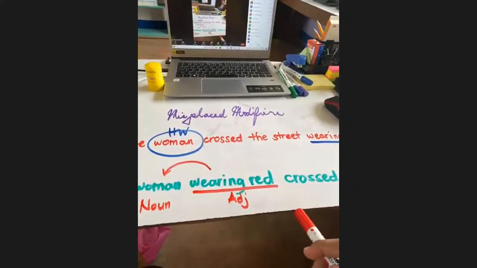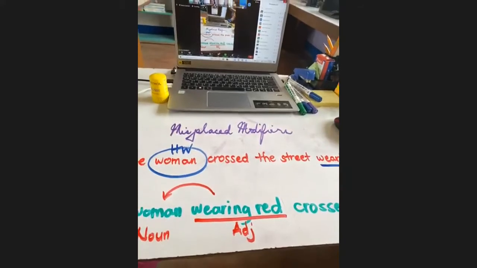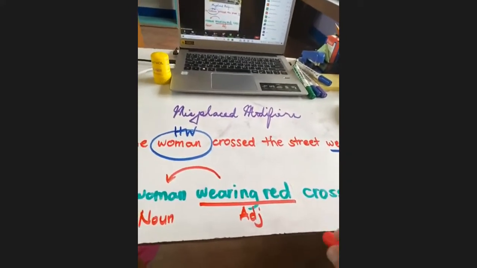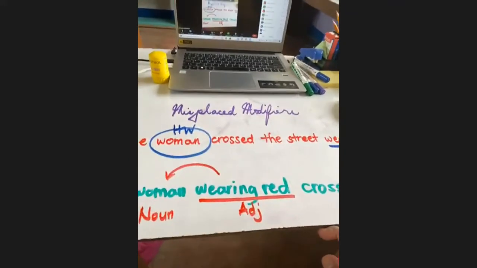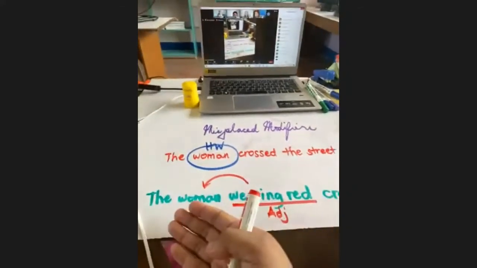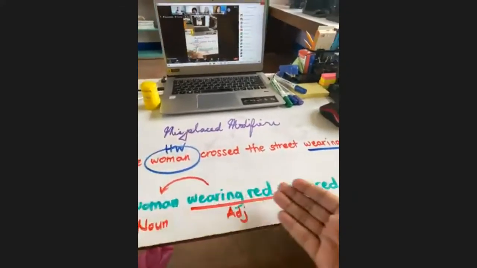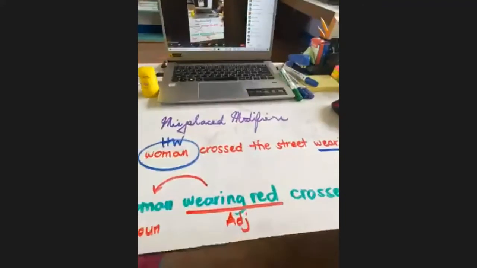One thing that grammar wants to also assess is that we are after the best or the most appropriate way of rewriting a sentence to arrive at one that is grammatically sound or correct. So between this one and wearing red, the woman crossed the street, this one comes out to be more grammatically acceptable.